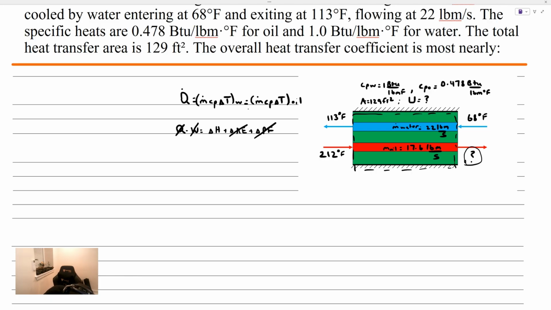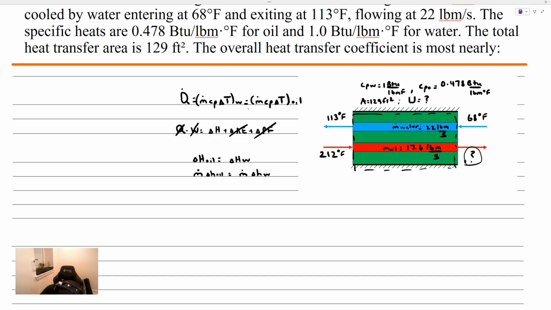So what we get is essentially that the enthalpy change of the oil is the same thing as the enthalpy change of the water. And if we take a time rate of change here, mass flow rate times the change in enthalpy of the oil is equal to mass flow rate times the change in enthalpy of the water. And those are the respective mass flow rates for oil and water.